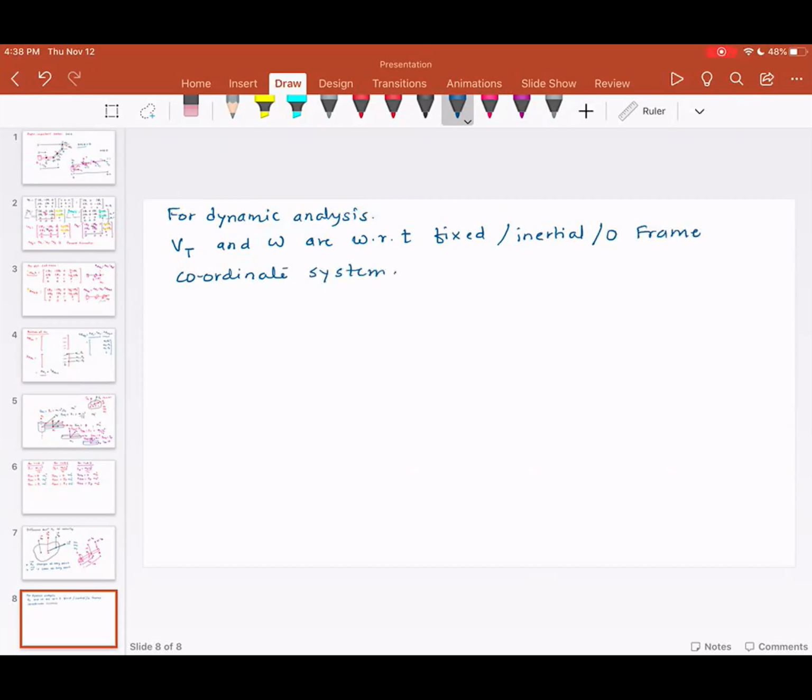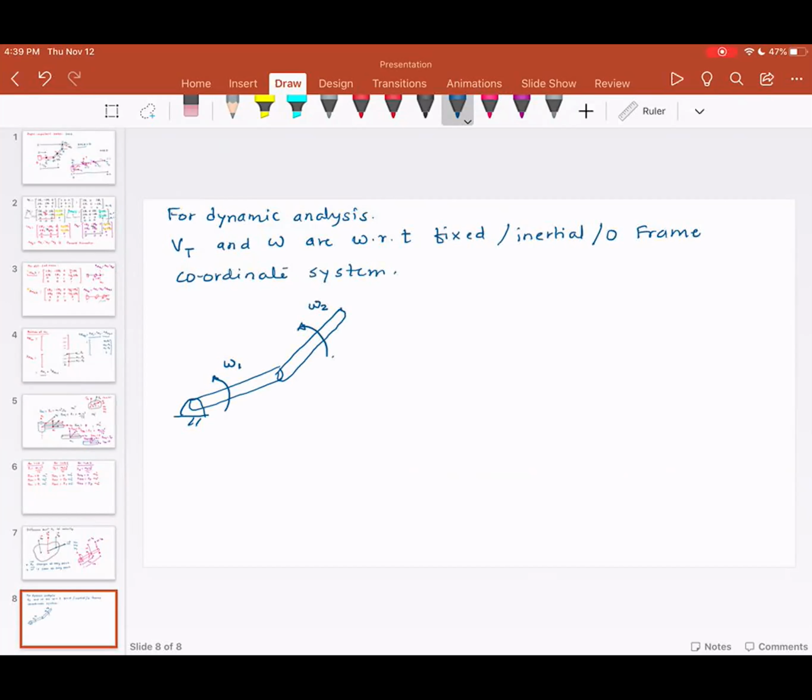And the reason for that is, if you consider a link that is fixed, if you consider another link and say this link has angular velocity omega, I'm going to call this omega 2. This link has an angular velocity omega 1.